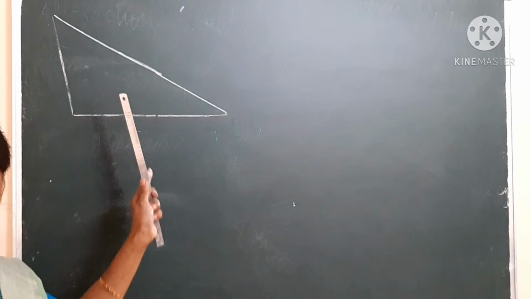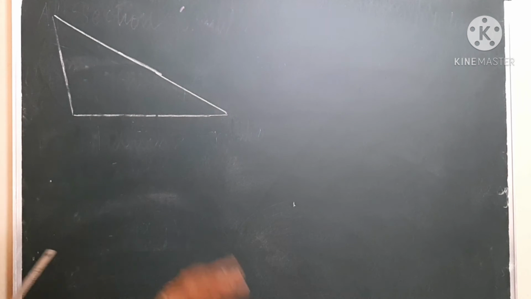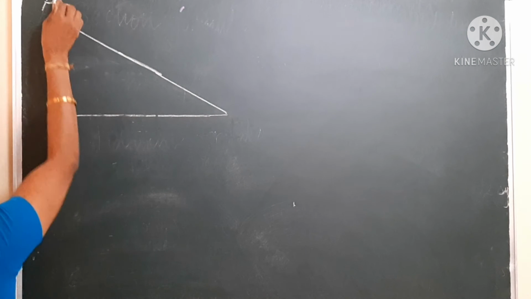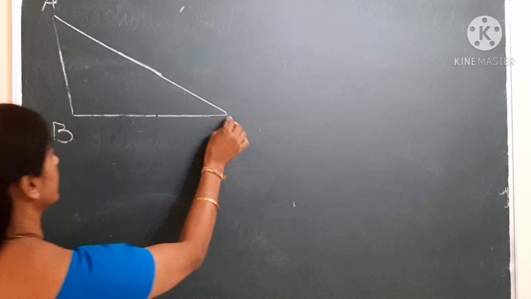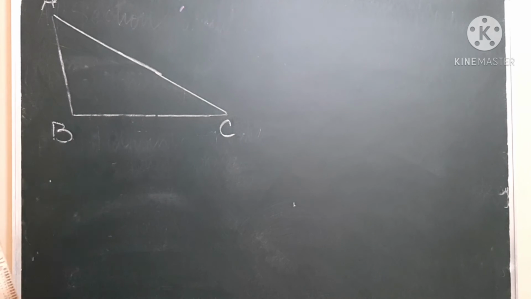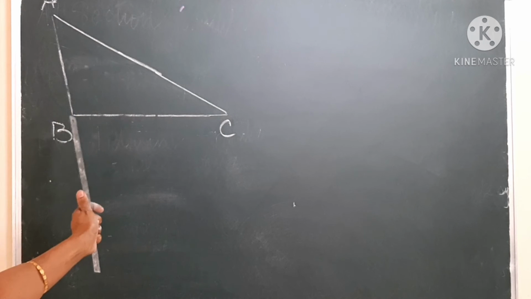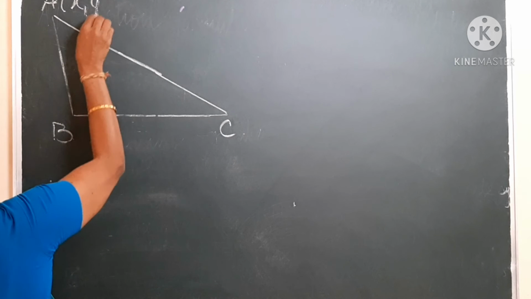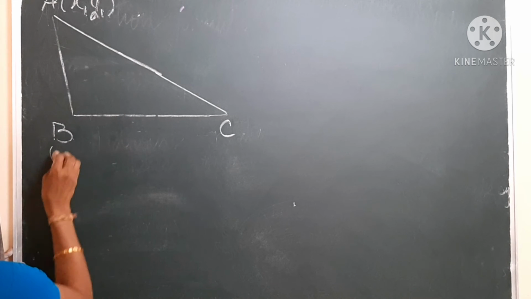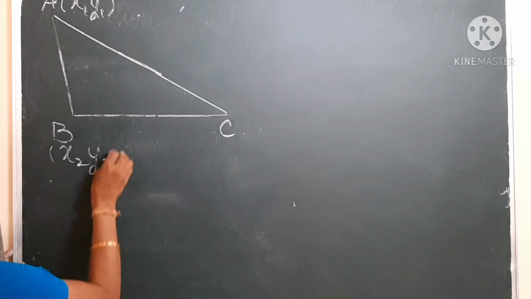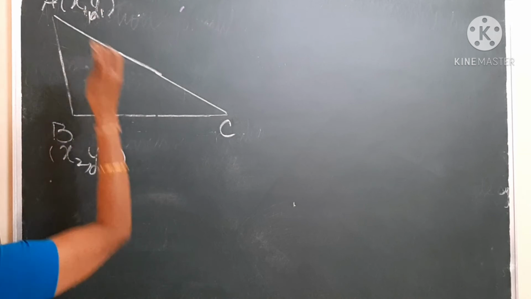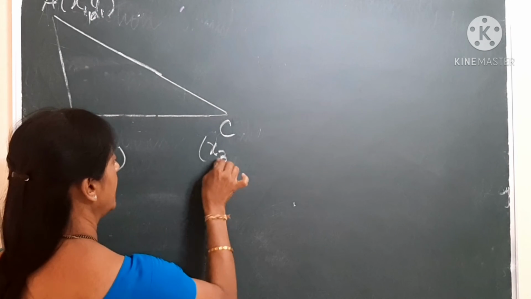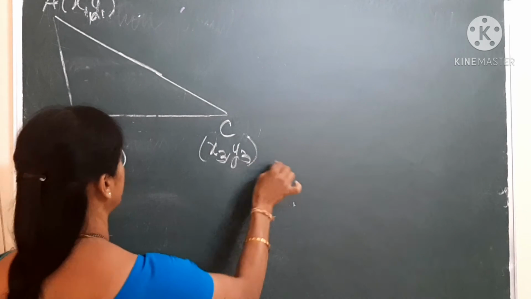So over here children, I have drawn a triangle. Let us name it A, B, C. Let's put the coordinates of A as x1, y1, B as x2, y2, and the coordinates of C as x3, y3.